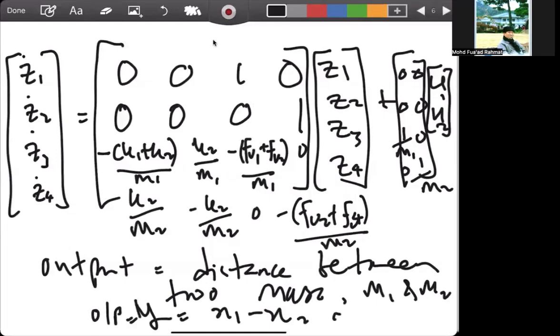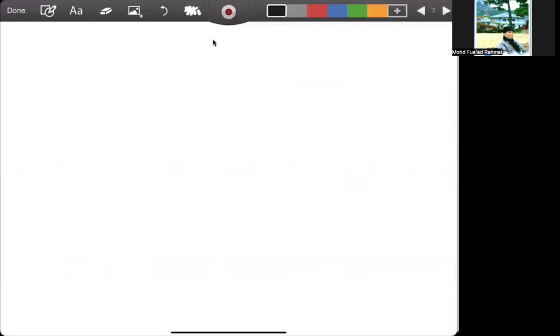Or we can write it as x2 minus x1, so both can be used. Usually we take x2 minus x1. So therefore, we have two state equations, depending on how you take the difference between x1 and x2.